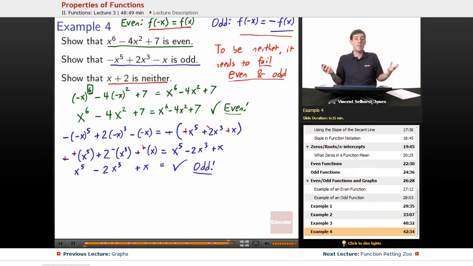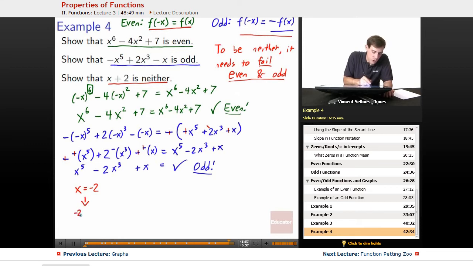So let's just try plugging in a number. Let's try plugging in, say, negative 2. So if we look at x equals negative 2, that would get us negative 2 plus 2, which equals 0. Now what if we plugged in the flip of negative 2, positive 2? X equals positive 2. We plug that into x plus 2, and we get 2 plus 2, which equals 4.